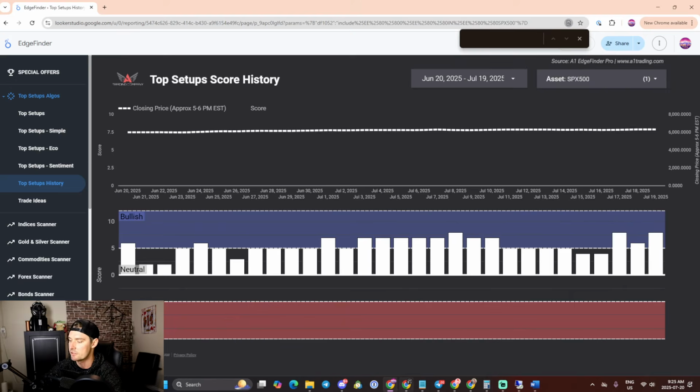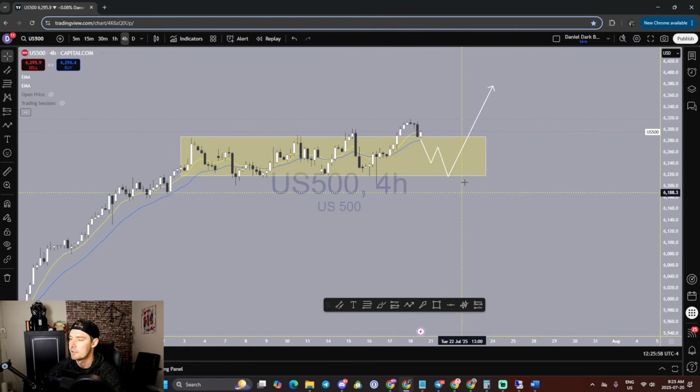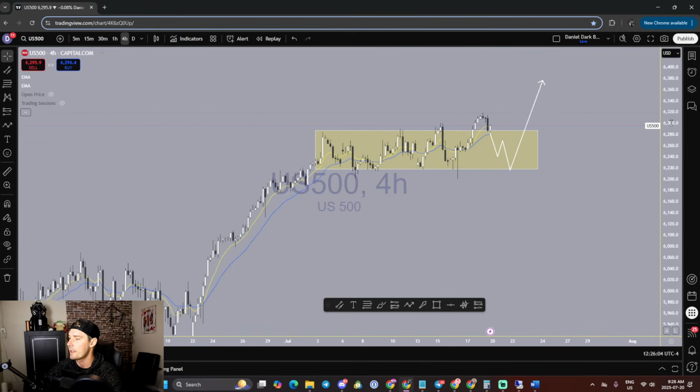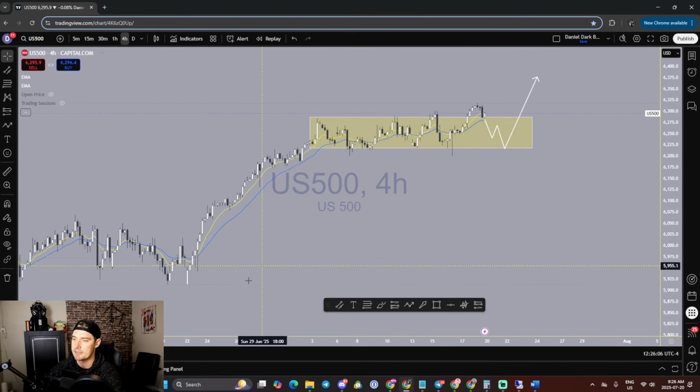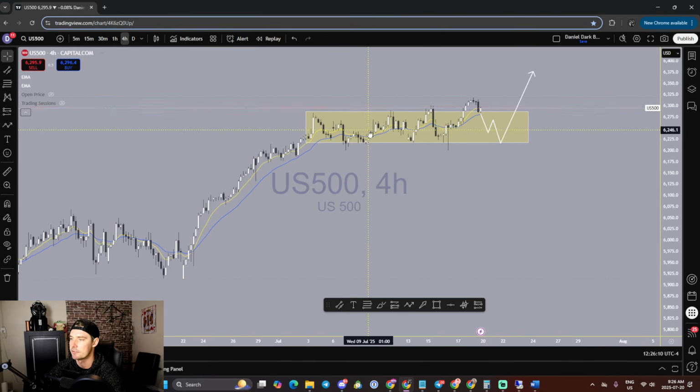So, just from a technical standpoint, it would be nice to get a really high value entry off of the lower side of this range here. And I think that would be ideal, right? I'm not going to wait too much for a pullback unless the economic scoring changes a bit. For a pullback level, I can't even mark a Fibonacci because I don't know where the highs are here.